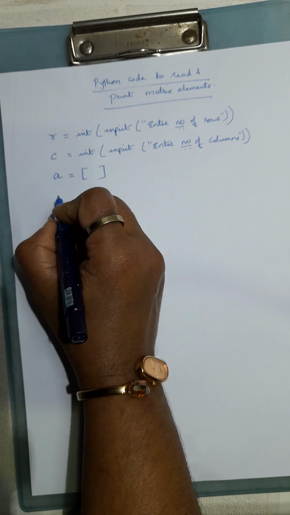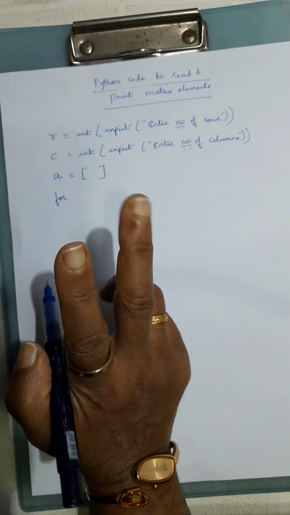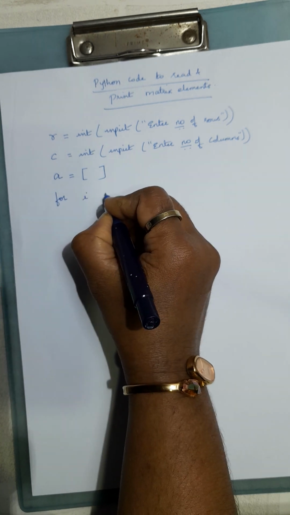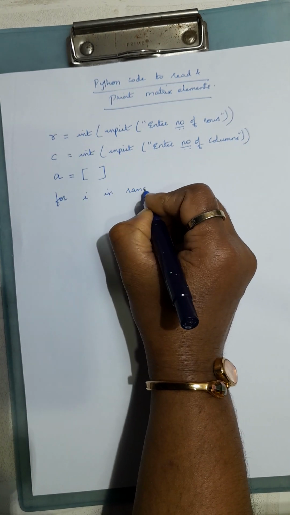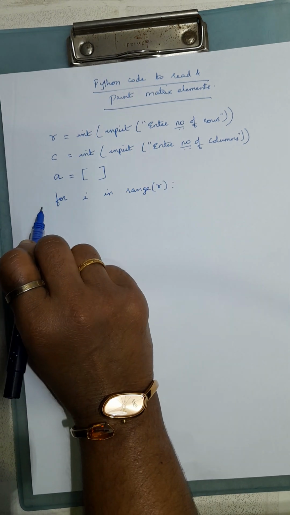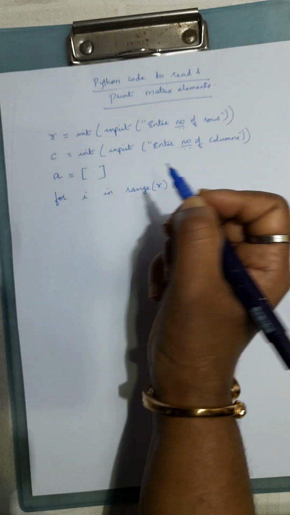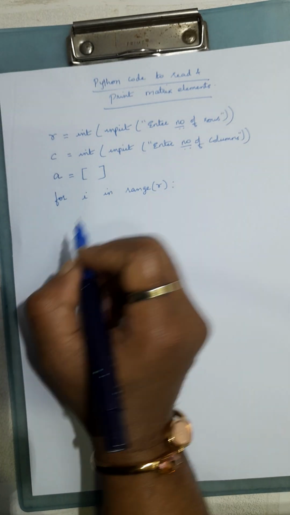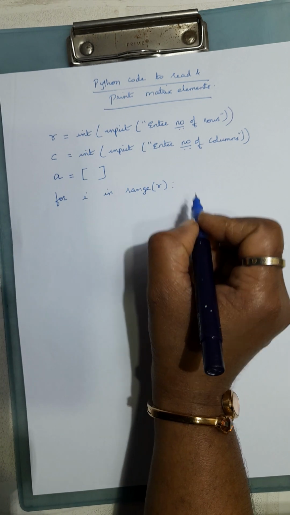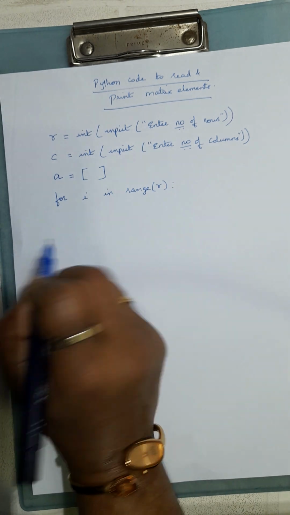Okay, now there are two for loops. Let me teach you the first for loop: for i in range of r. First we are going to traverse the rows, collect the elements and store them in the matrix. So I am going to read the first row, then read the elements and put them in the matrix.